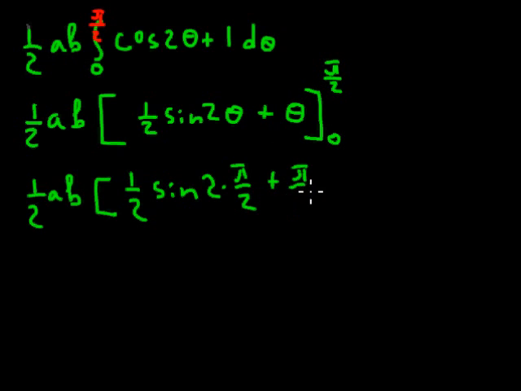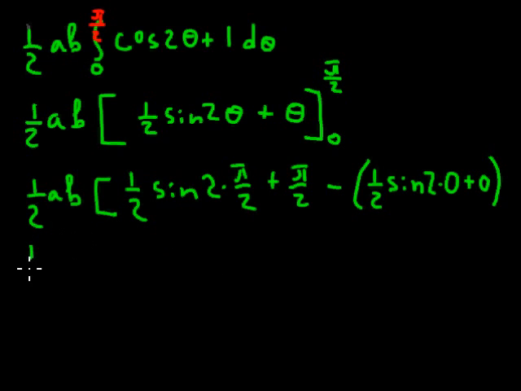Substitute pi over 2 into theta, and then we need to subtract this. 1/2 sine 2, we substitute the lower limit, which is 0, sine of 2 times 0 plus 0. Now we still have this constant 1/2 ab, and the 2 and 2 cancel out, and it's just sine pi.